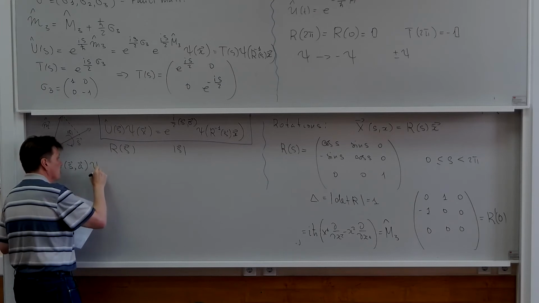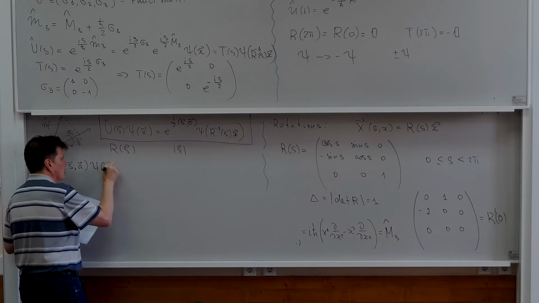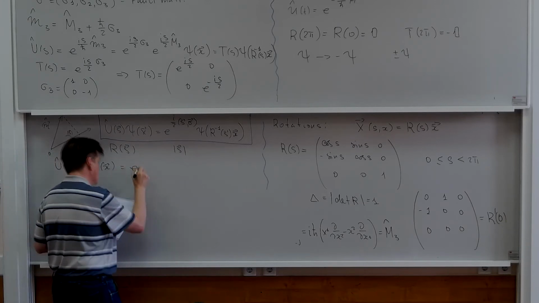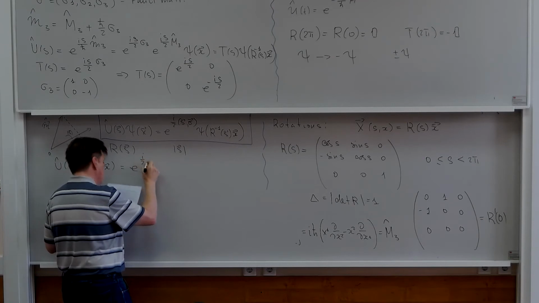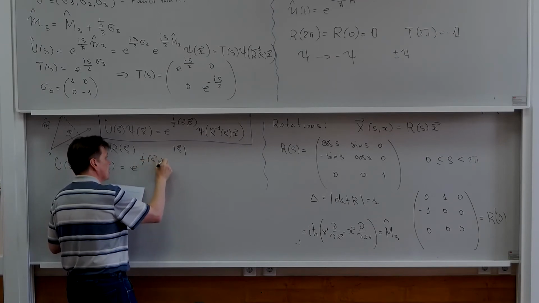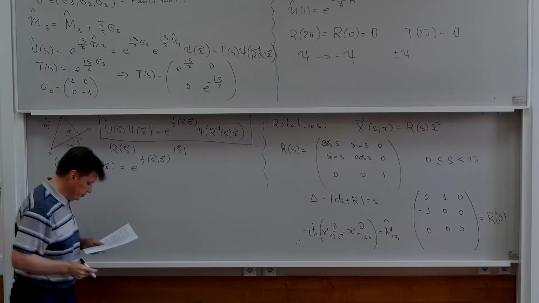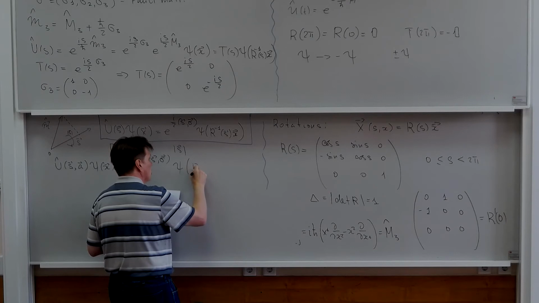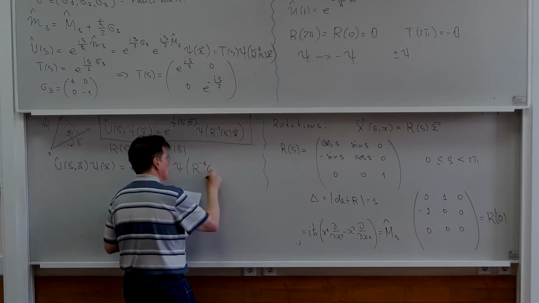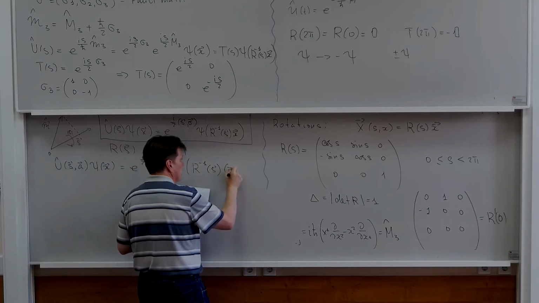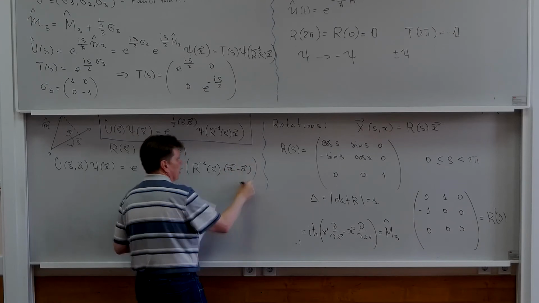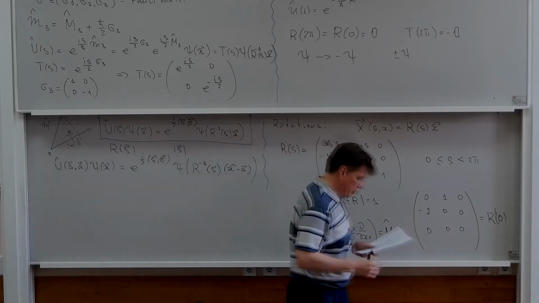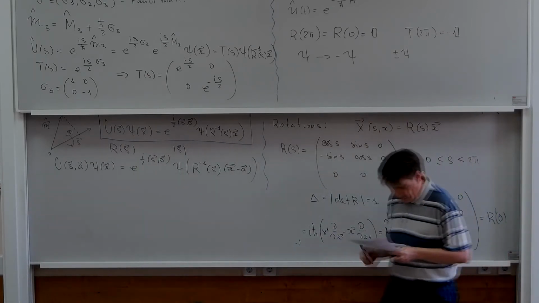So applying this operator to a spinor wave function psi, we get some exponential factor, i over 2 S dot sigma, times psi of R to the minus 1 of S, x minus a. Here a is a displacement vector corresponding to space translations.